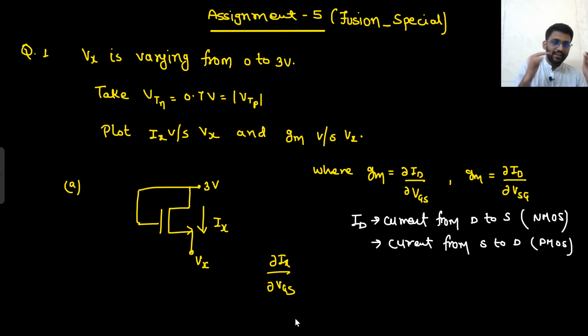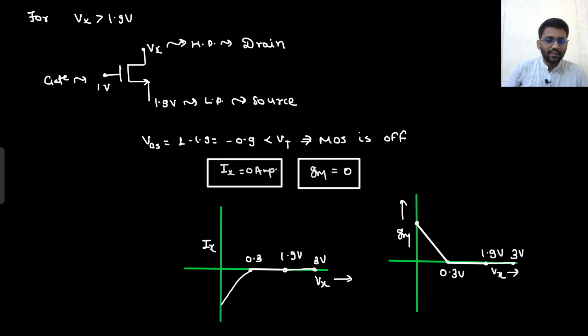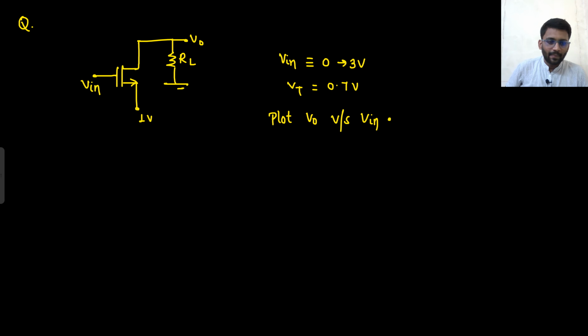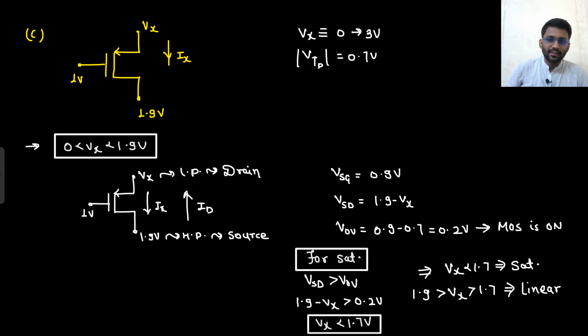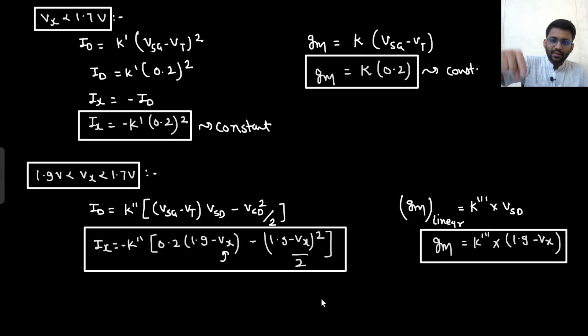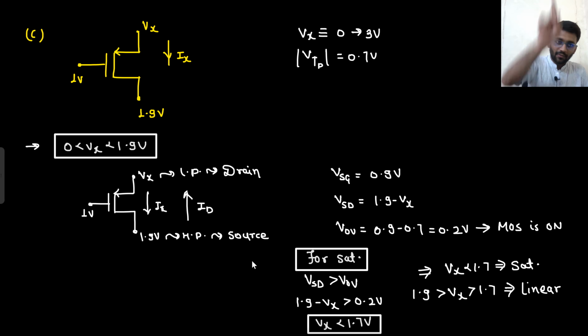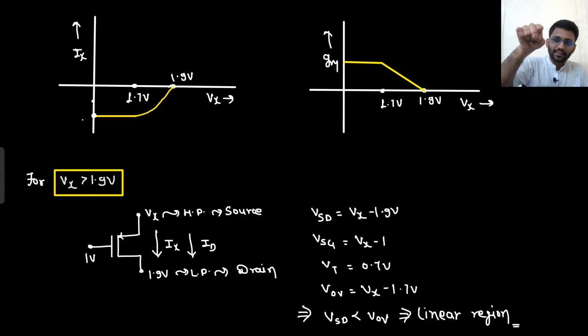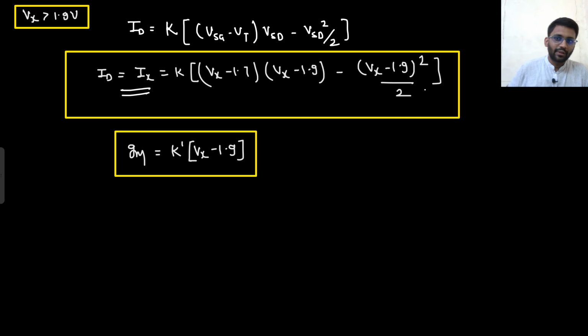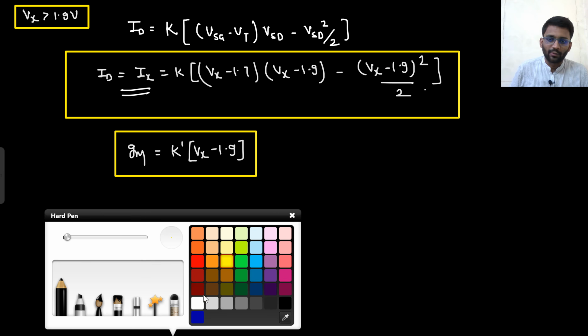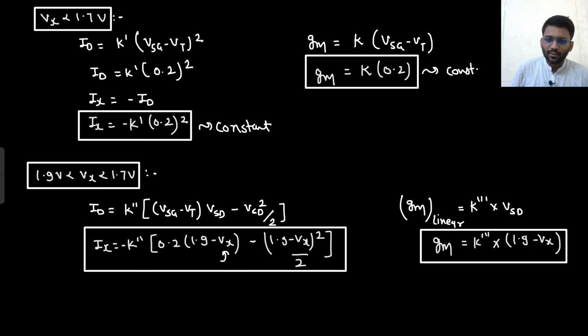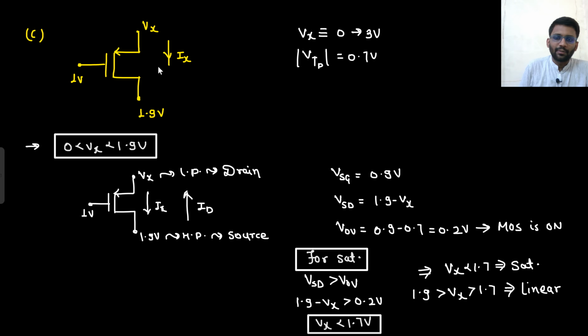But if they are calling it ID, then they have to define it, because our ID direction is getting changed in the question, right? Initially, my ID direction was upward. Now what is my ID direction? For Vx greater than 1.9 volt, oh, I forgot to tell, this is becoming source and this is becoming drain.